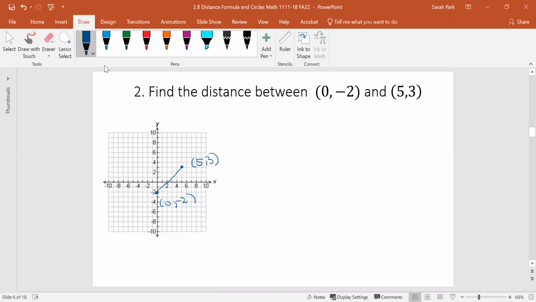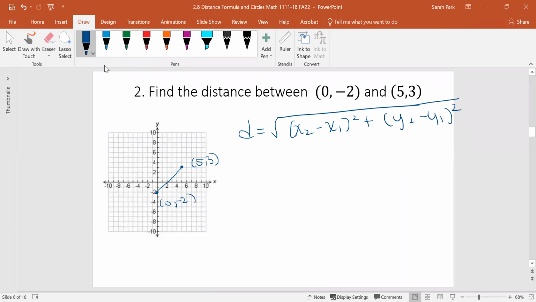Here it would be a good idea to pause the video to see if you can calculate the distance on your own. So use the formula again, d equals square root of x2 minus x1 squared plus y2 minus y1 squared, and calculate the distance.